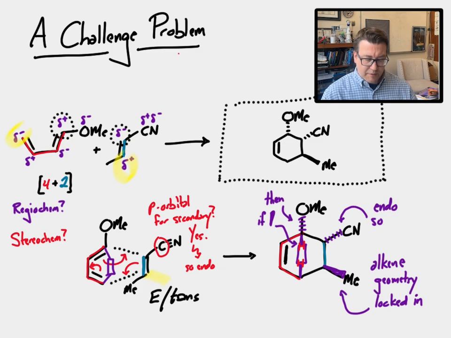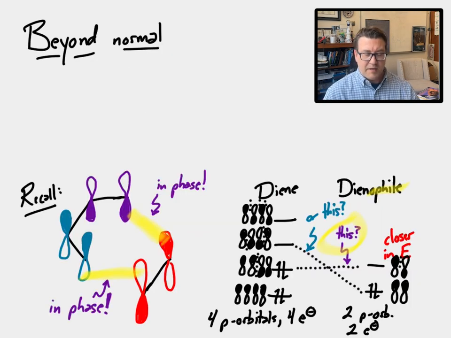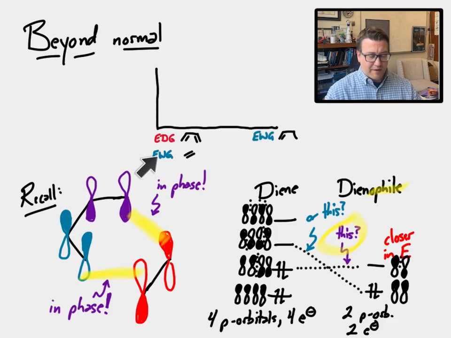Okay, we're going to go one step deeper into this, beyond normal Diels Alder. A lot of classes don't actually discuss going beyond normal, but let's go ahead and go down this journey. So we've already spent all the time discussing these orbitals and this overlap and which one's closer. So let's look at what happens when we have an electron donating diene and an electron withdrawing group on the dienophile.